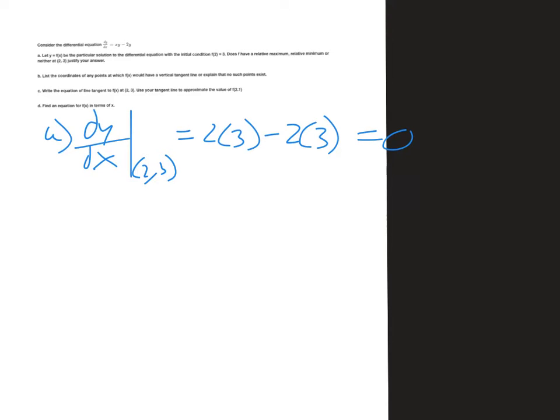I had a couple people say, oh, the derivative is 0, so it's got a maximum. Well, how do you know it's a maximum and not a minimum? We have to have some other way to know. What a few people tried to do was plug in points. But the issue is you have to plug in both x's and y's. You've got the point (2, 3) here.